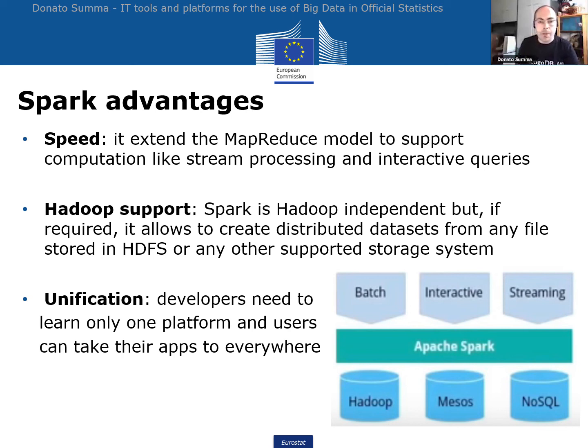The second advantage is the Hadoop support. I want to say, and this is very important to understand, that Spark is Hadoop independent, but if required, Spark allows to create distributed datasets from any file stored in HDFS or any other supported storage system.